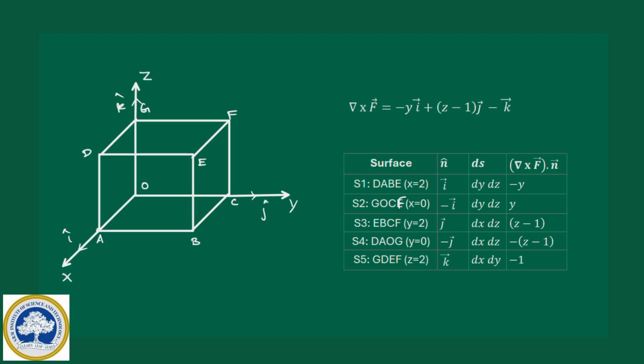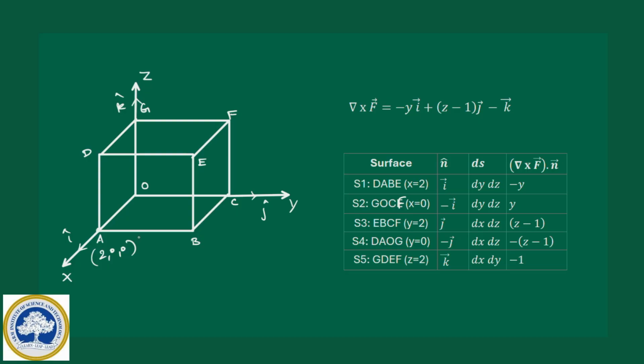Actually this point is (2, 0, 0). So this surface is at a distance x = 2, that is it is parallel to the YZ plane, so y and z are 0 here.